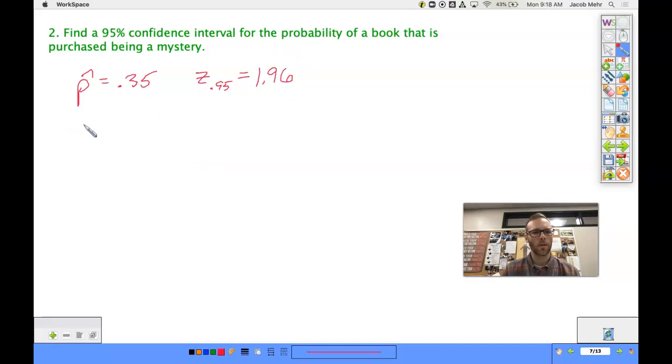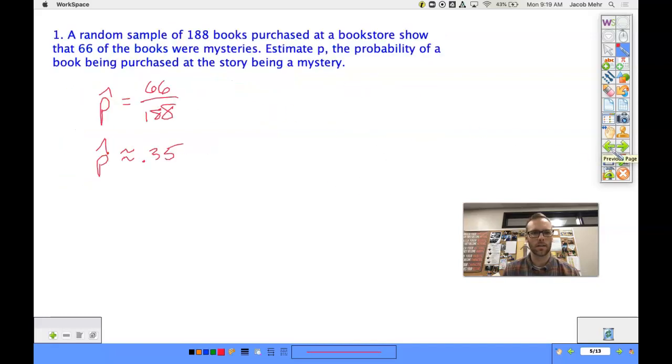Now, if p hat is 0.35, what's q hat? 0.65. We also need to know how many trials there were. I believe there's 188. Yep.